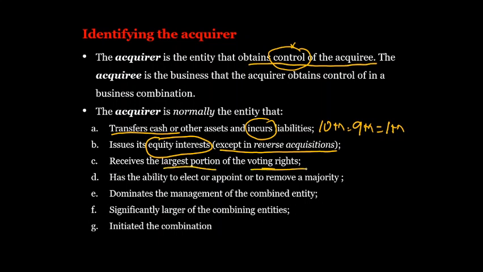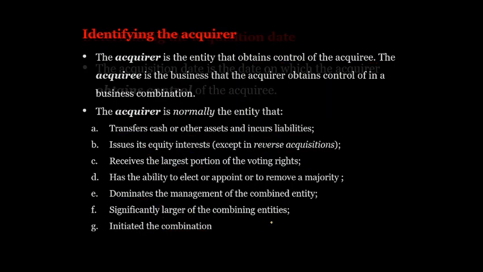Has the ability to elect or appoint or to remove the majority, dominates the management in the combined entity. Dominates, those are your keywords. Significantly larger of the combining entities and initiates the combination. So that's how you identify the acquirer.